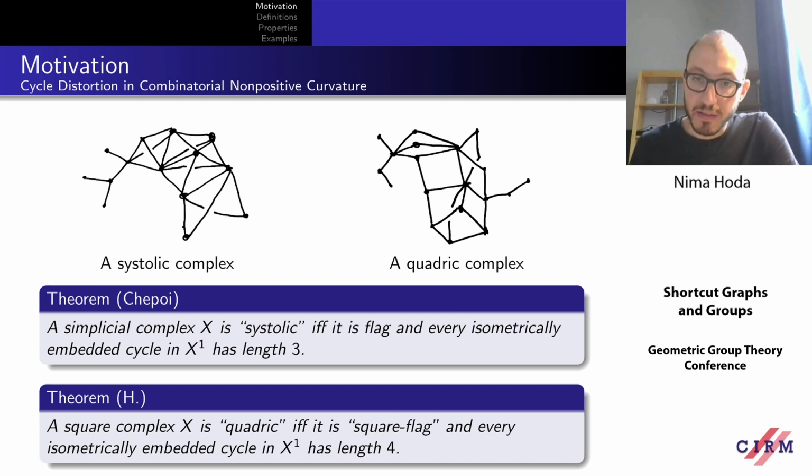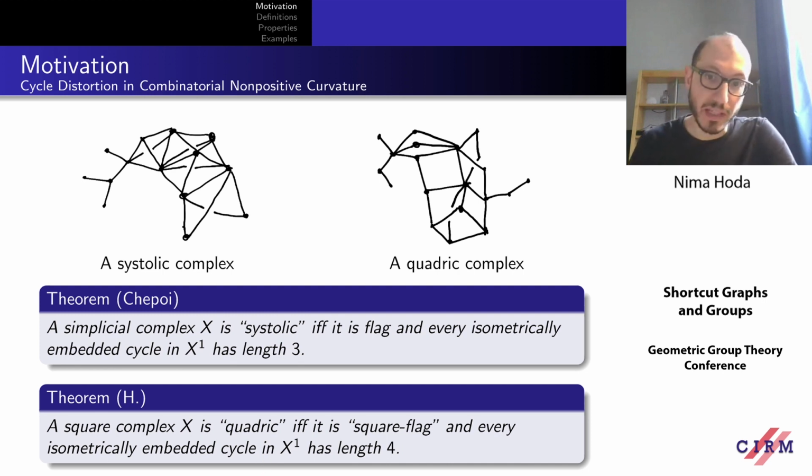Completely analogously, in the case of quadratic complexes, we have this theorem of mine that says that a square complex is quadratic if and only if it's square flag, and every isometrically embedded cycle in its one-skeleton has length 4. Square flag here again just tells you which squares to glue in; the main characterizing condition is the one about isometrically embedded cycles all having length 4.